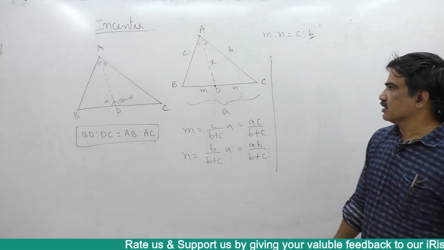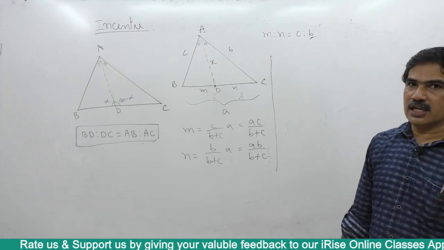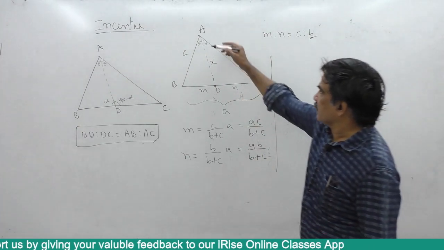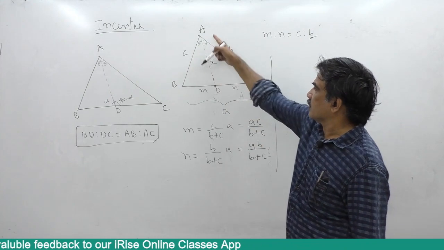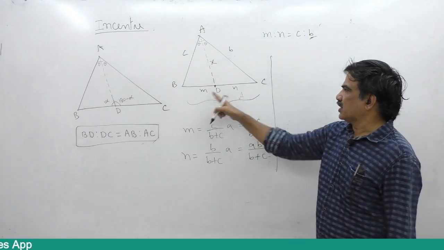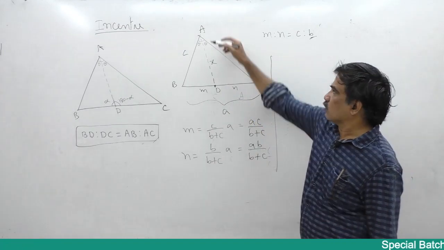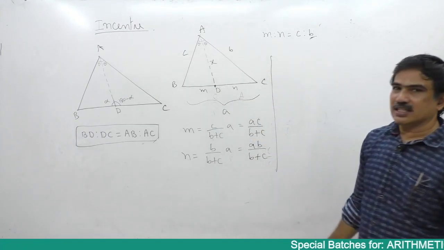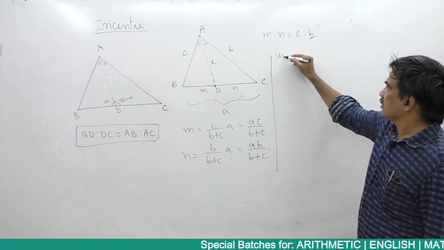And previously I have given one point. If any line is drawn from A which meets at D, and if these two parts are given, then what is this length, the AD length? Here AD is the angular bisector.